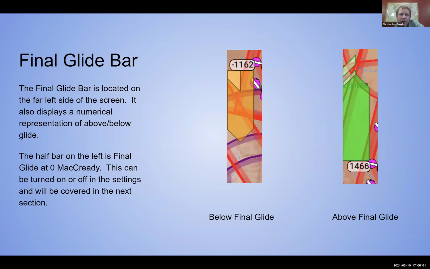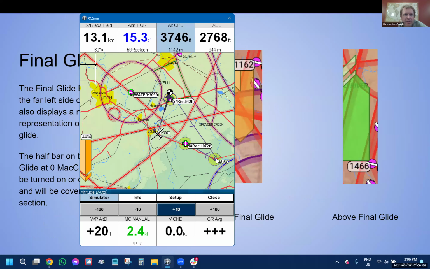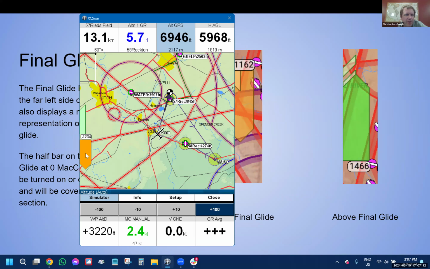Final glide bar, I mentioned it a little bit. We can see it in this example. It's showing that we're below final glide. If I crank the altitude up really high, we'll probably start getting into the positives. Now you see on this example, there's a green half bar and the big orange bar.